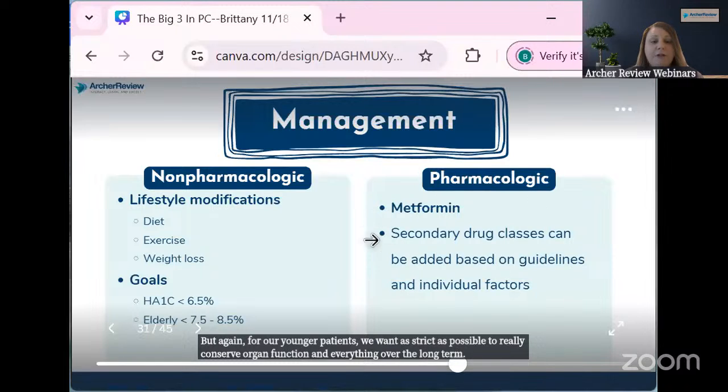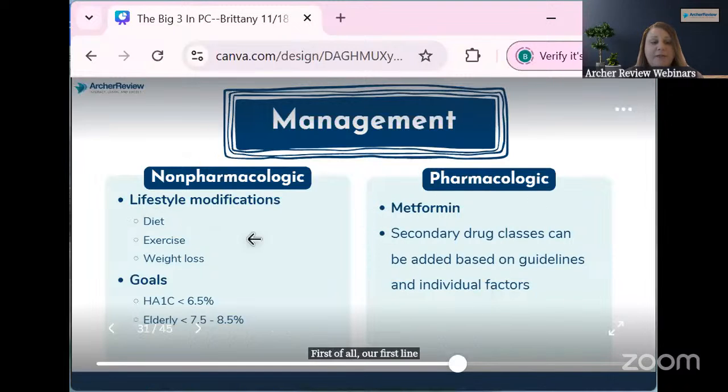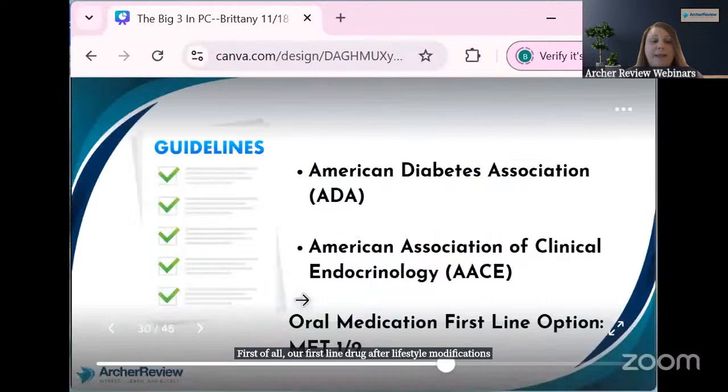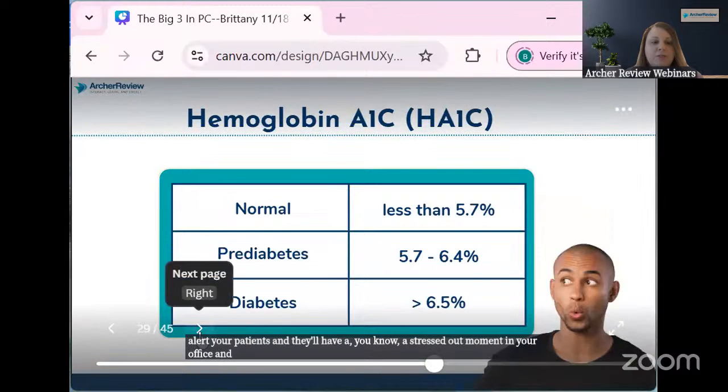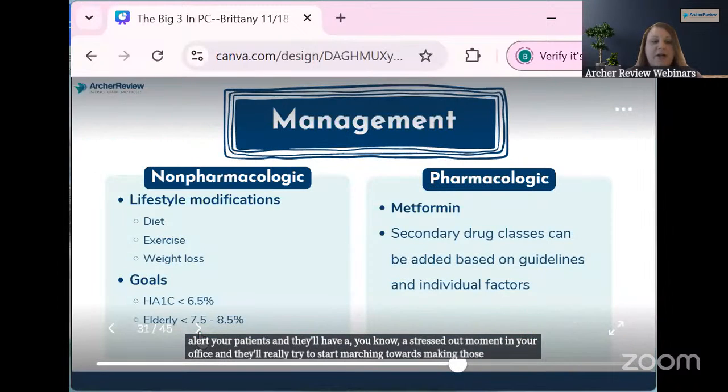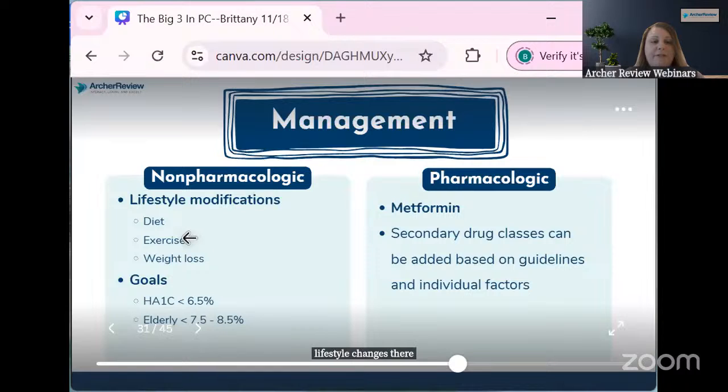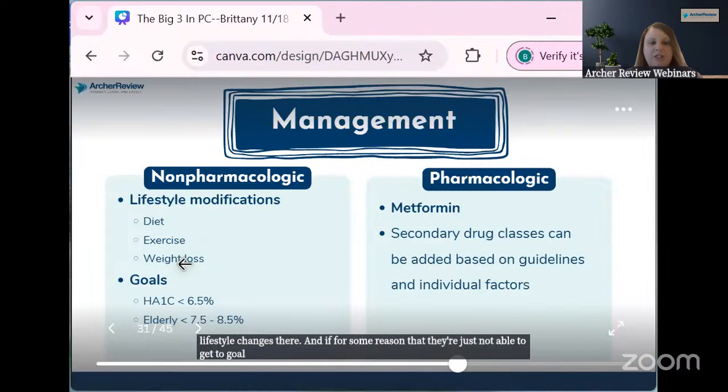First of all, our first line drug after lifestyle modifications: if they're in that pre-diabetic range, that's where we can really try to grab them and get their attention. A lot of times these numbers here, a 6.2, will alert your patients and they'll have a stressed out moment in your office and they'll really try to start making those lifestyle changes. And if for some reason they're just not able to get to goal with the lifestyle changes, we can start looking at metformin.